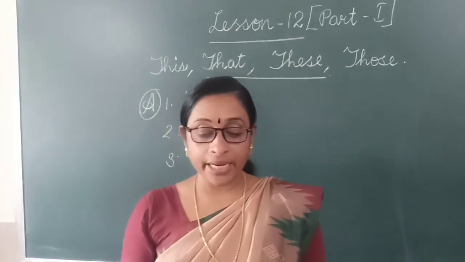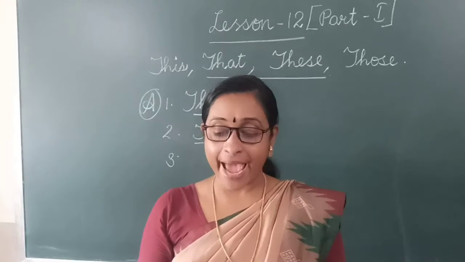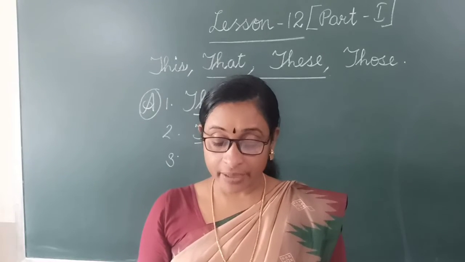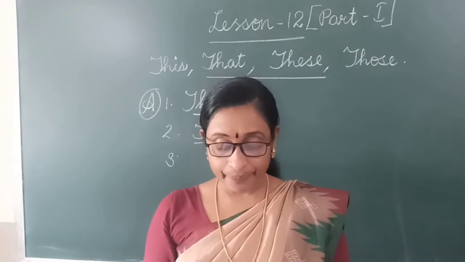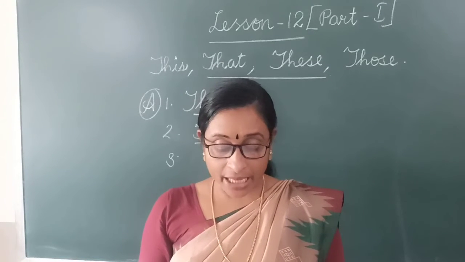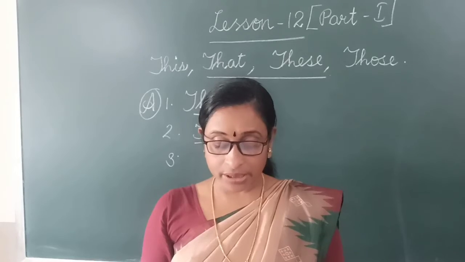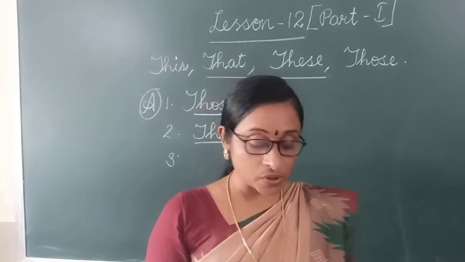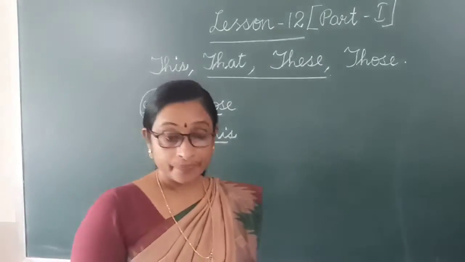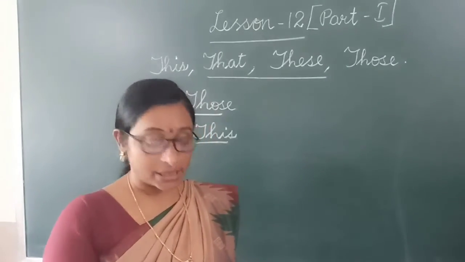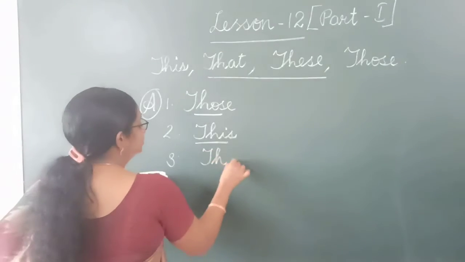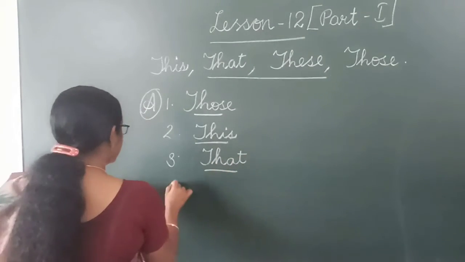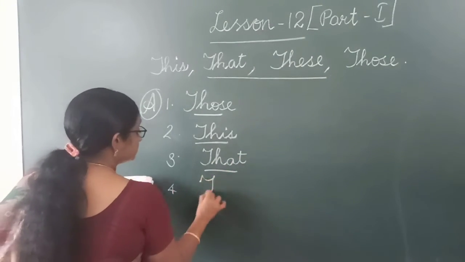Next one, dash is Tom's school bag. There is a pointed finger, so you will write, that is Tom's school bag. Next one, dash are Amit's rulers. These are Amit's rulers. Rulers means scale. So write there, number 3, that, and number 4, these.